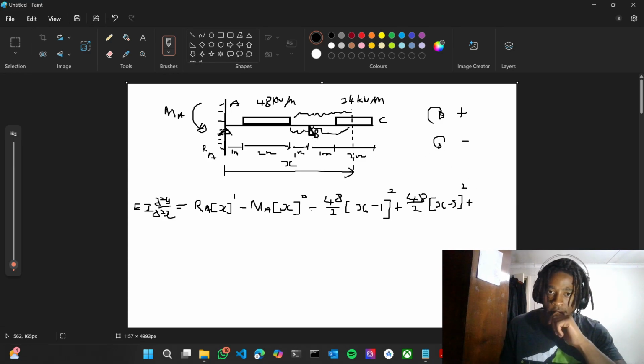Okay, it's now RB. It needs to be multiplied by X minus 4, and it is only to the first power.